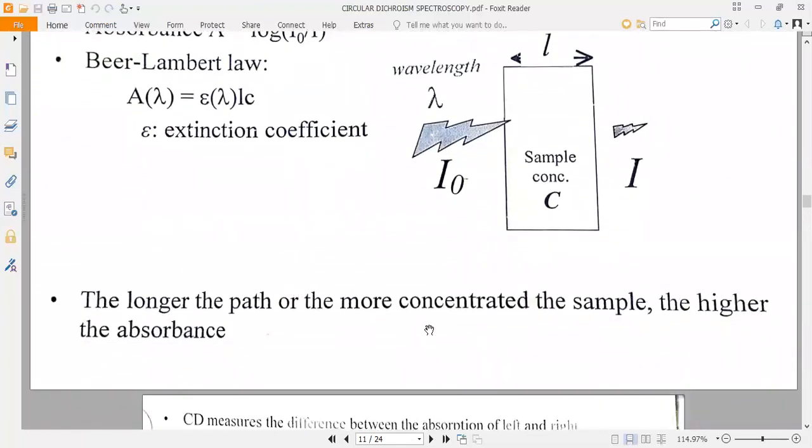The longer the path or the more concentrated the sample, the higher the absorbance. Obviously, if the concentration of the sample is higher or the path length is greater, then the light will be absorbed more.